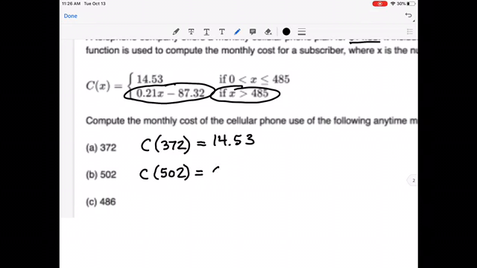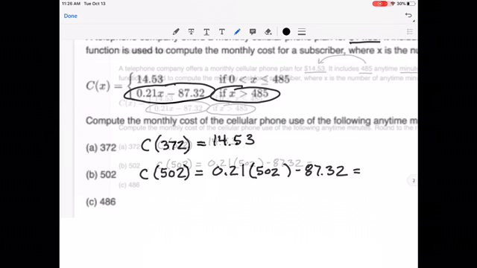So we're going to use 0.21x minus 87.32, but for x we're going to plug in the 502, and this is going to help us determine what this individual should pay for this particular month.